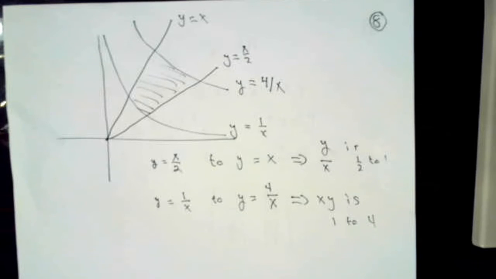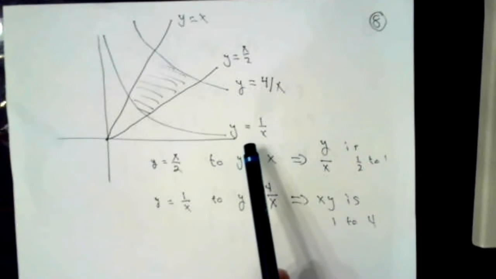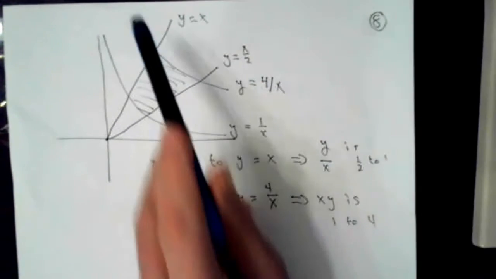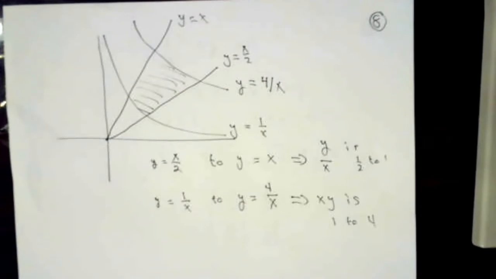Another example of this, I'm going to think about having a region that's bounded on two sides by straight lines and on the other two sides by hyperbolas. I'm going to have y equal 1 over x, which is a hyperbola, y equal 4 over x, which is a higher up hyperbola.